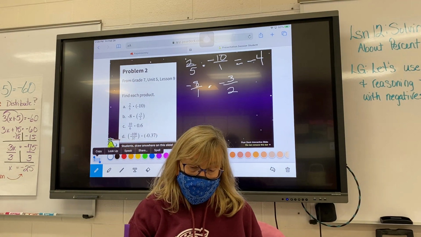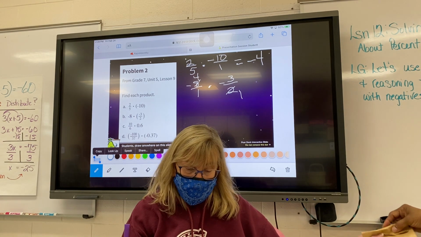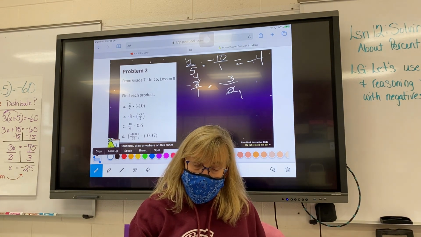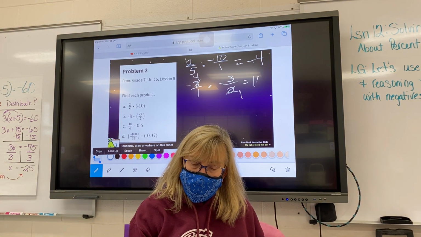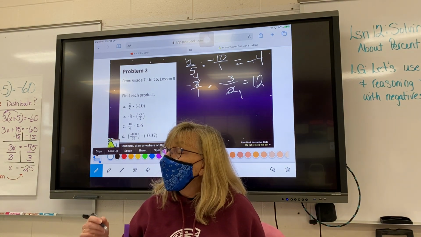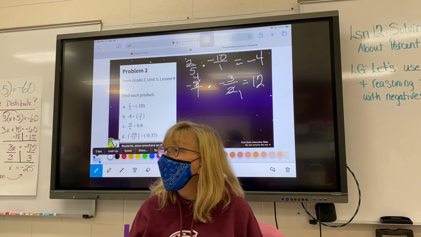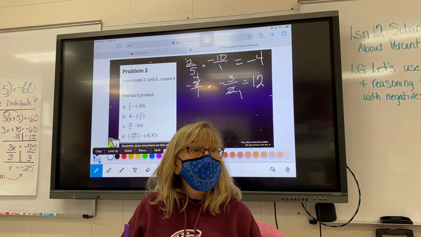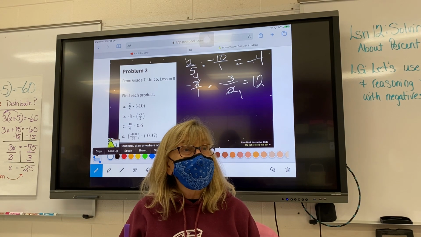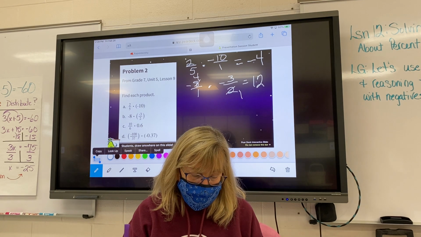Yes, I can. I can make that 1, make that 4. So now I've got negative 4 times negative 3, and that's going to equal positive 12. If you don't cancel numerator to denominator, you just end up with 24 over 2, and you end up taking care of the canceling right there, okay?